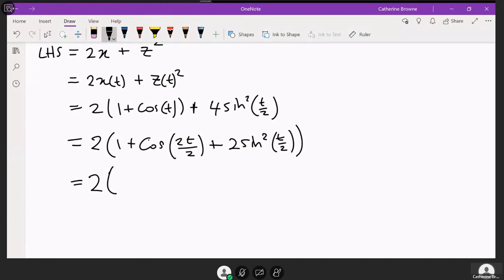And we can rewrite 1 as sine squared t on 2 plus cosine squared t on 2, because we know that sine squared x plus cosine squared x is equal to 1.